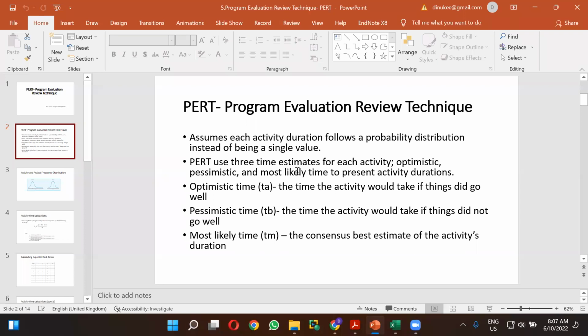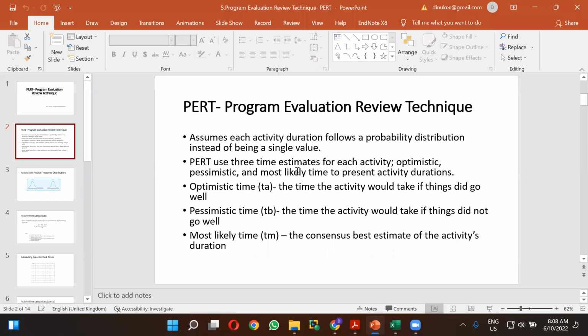In the previous lesson, we got only one duration for one particular activity. But here, we are getting the optimistic time, pessimistic time, as well as the most likely time, right? So assume each activity duration follows a probability distribution instead of being a single value. You have to assume that each and every activity has a probability.